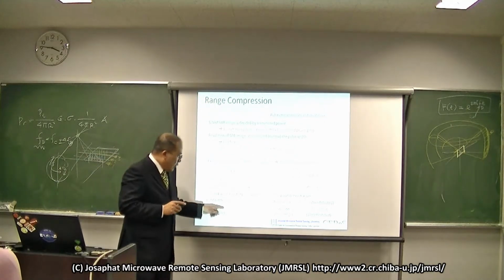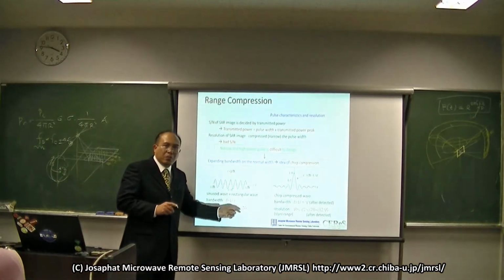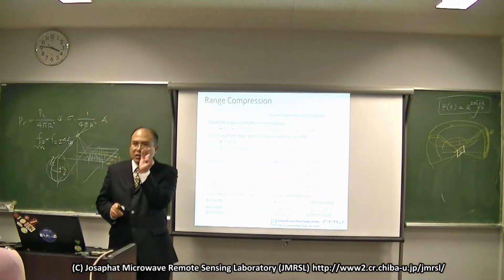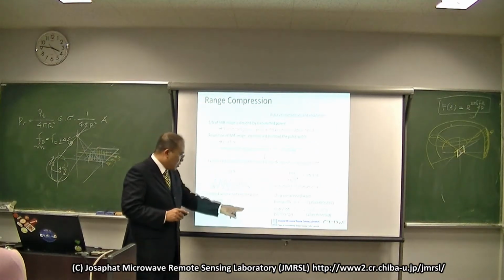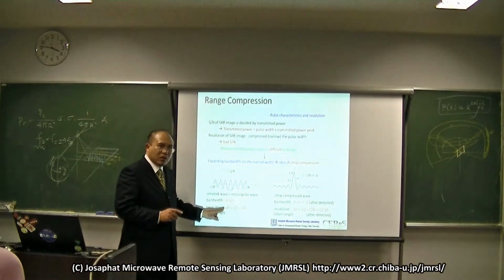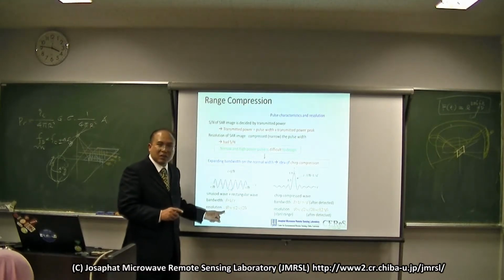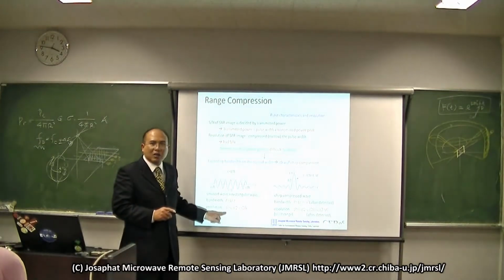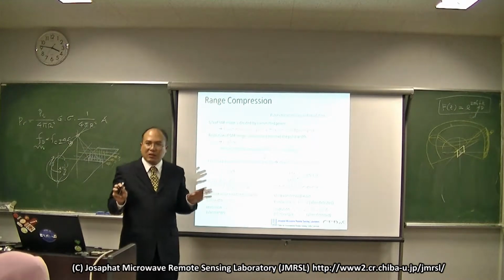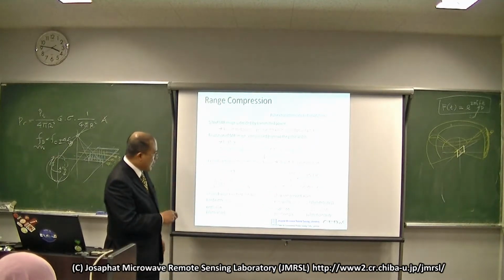If conventional one, the bandwidth is small. So if the bandwidth is small, delta R is large. Divided by small is large. The resolution being large is not good. Then if we use the chirp pulse, you can compare here.